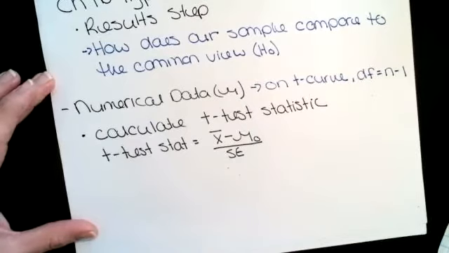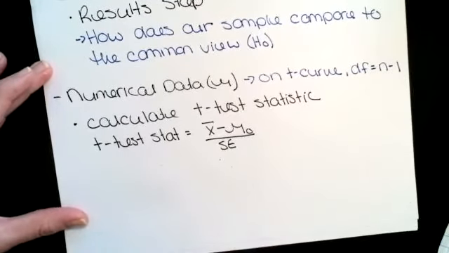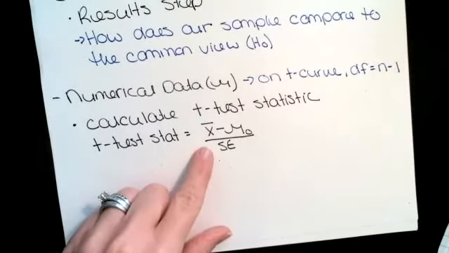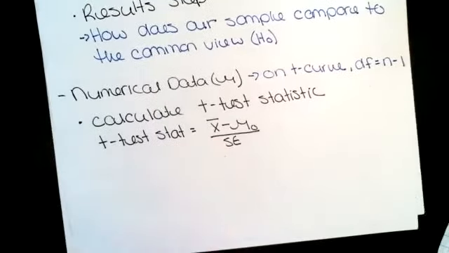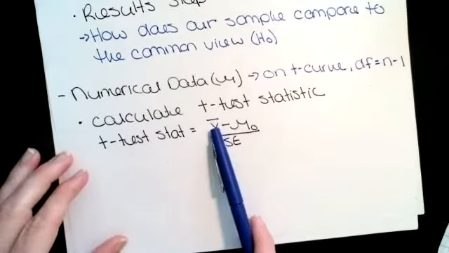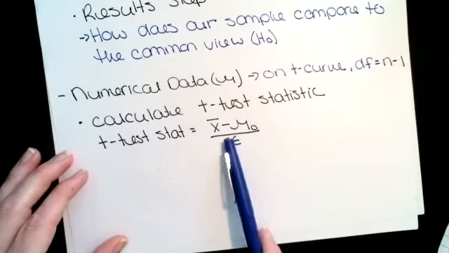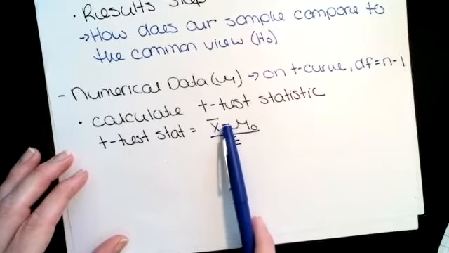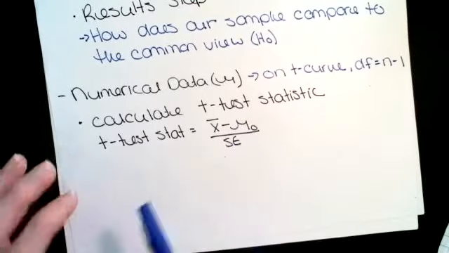So this calculation should look really familiar to us because it looks very similar to the z-score calculation, right? So we're taking our value minus the mean divided by the standard error. When we did z-scores, it was our data value minus the mean divided by the standard deviation, right?